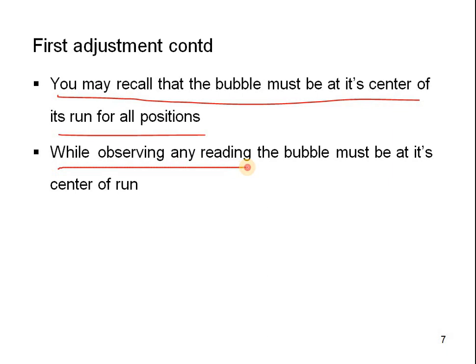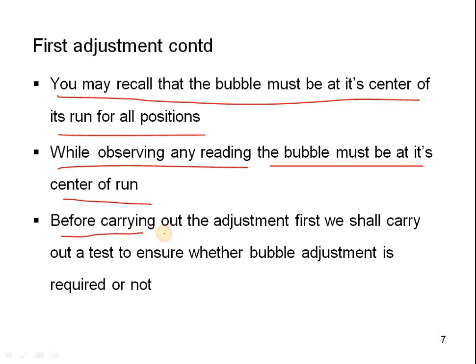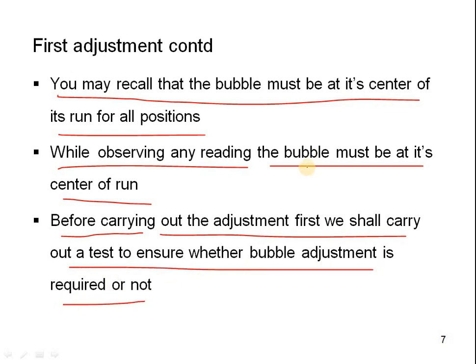While observing any reading, the bubble must be at the center of its run. Before carrying out the adjustment, first we shall carry out a test to ensure whether bubble adjustment is required or not. So, the testing procedure of the dumpy level.